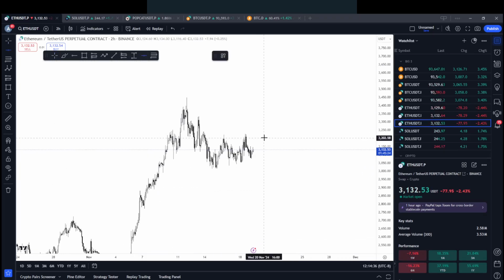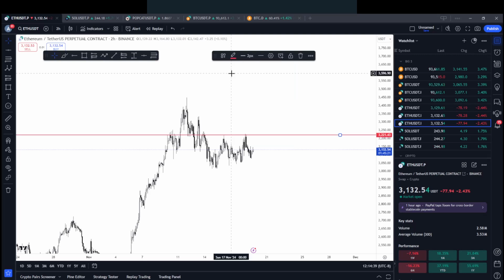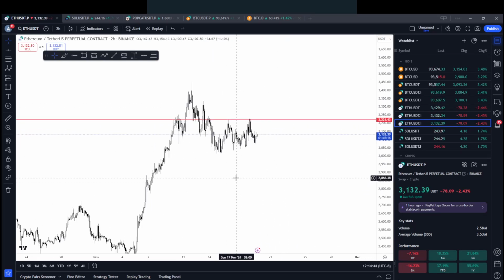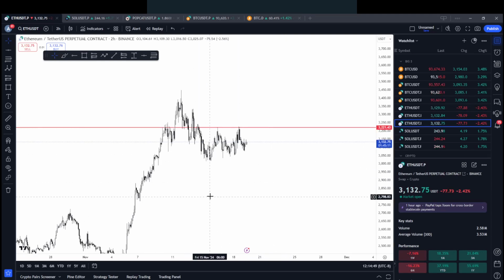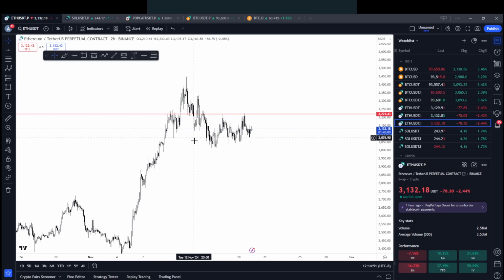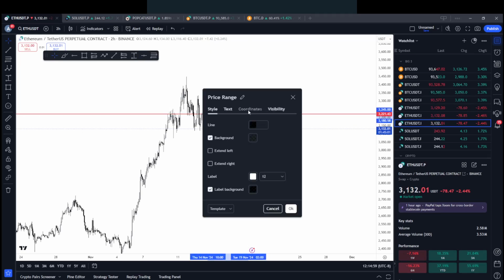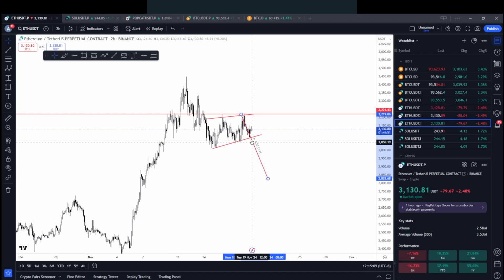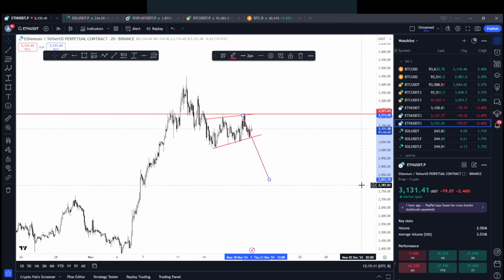So we rejected from the $3,200 resistance. Now, I see this as two different things, right? You can see this as a corrective wave, right? You can see this as a bear flag. Here's the bear flag target, right, down to that 2,850 level.